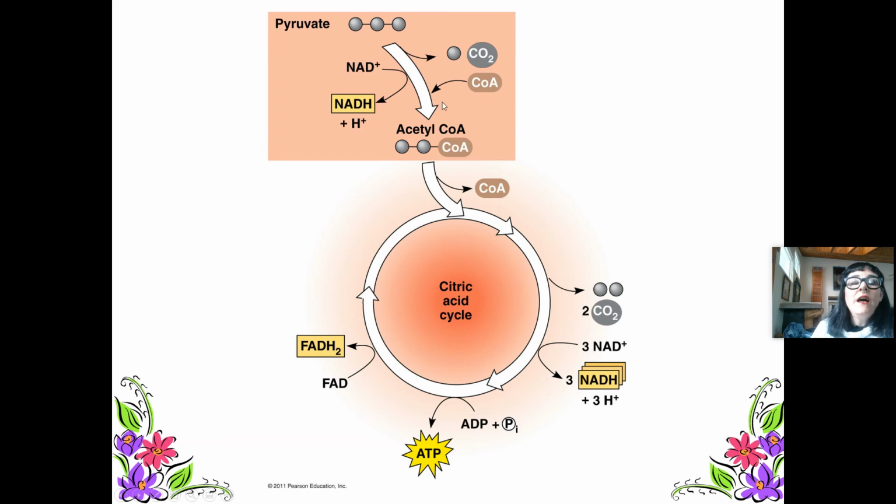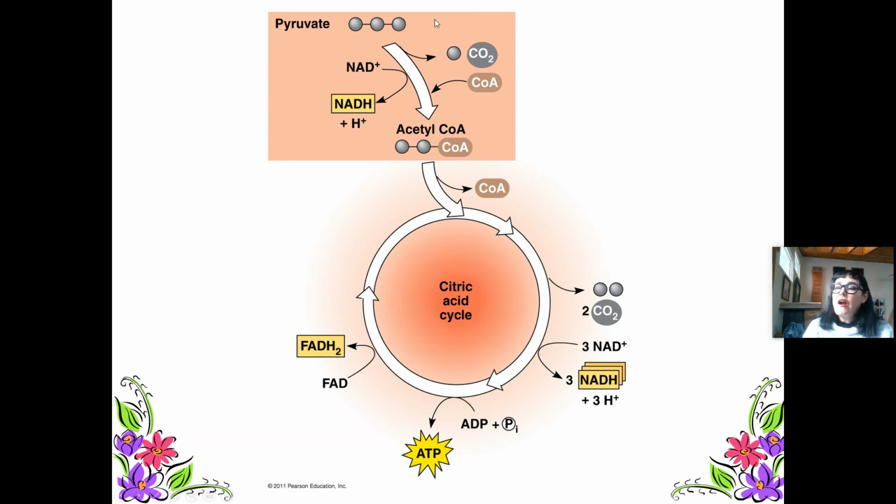And next, we oxidize this, so we are going to remove the high energy electrons from this. We're also removing a carbon to produce CO2. We add coenzyme A to make acetyl-CoA, which is going to enter the citric acid cycle. Now, where does this take place? If you said inside the mitochondria, you're correct, and this is the prep step. So I would label this prep step.